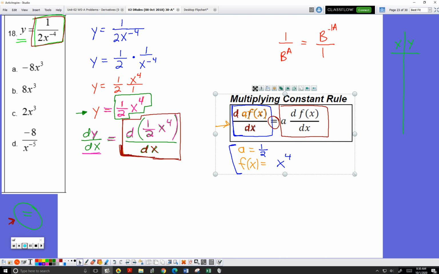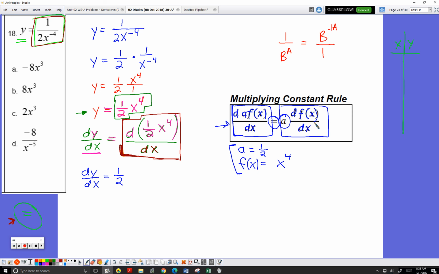So on the next line, you're going to write dy dx. Again, make sure you have exactly the same notation that I have. Equals. I'm supposed to write down a, so I do. I'm supposed to write down d over dx of f.